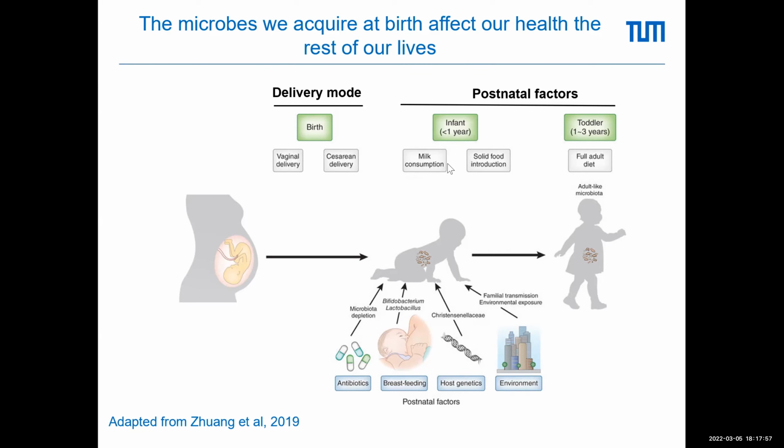And so the first 3 years of life is what we call a window of opportunity. So during this time, all these factors can impact or can shape the gut microbiome composition. And once you reach 3 years of age, you will reach a gut microbiome configuration which is similar to an adult microbiota, and that would be the microbiota that would stay with you for life.